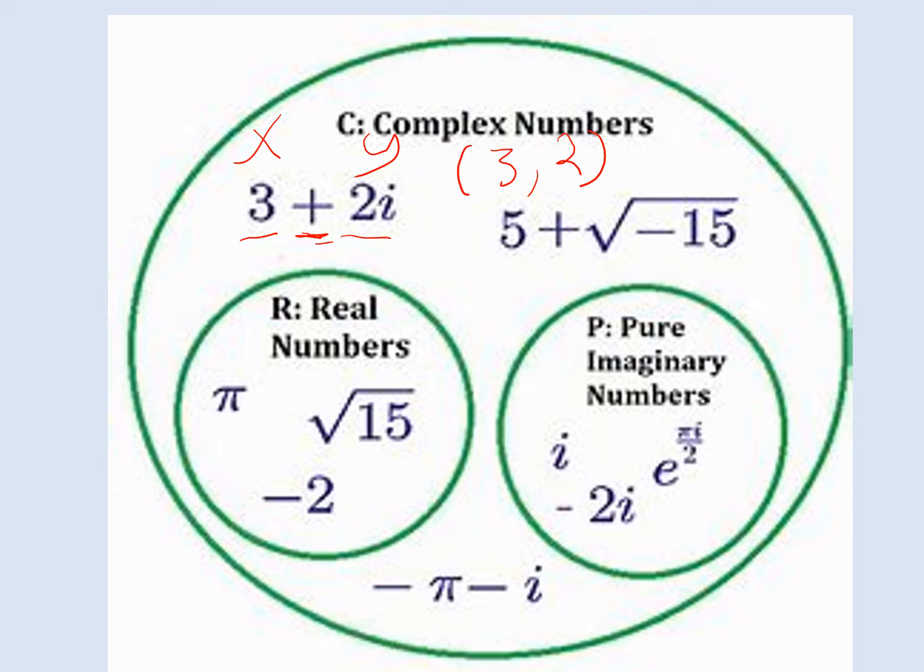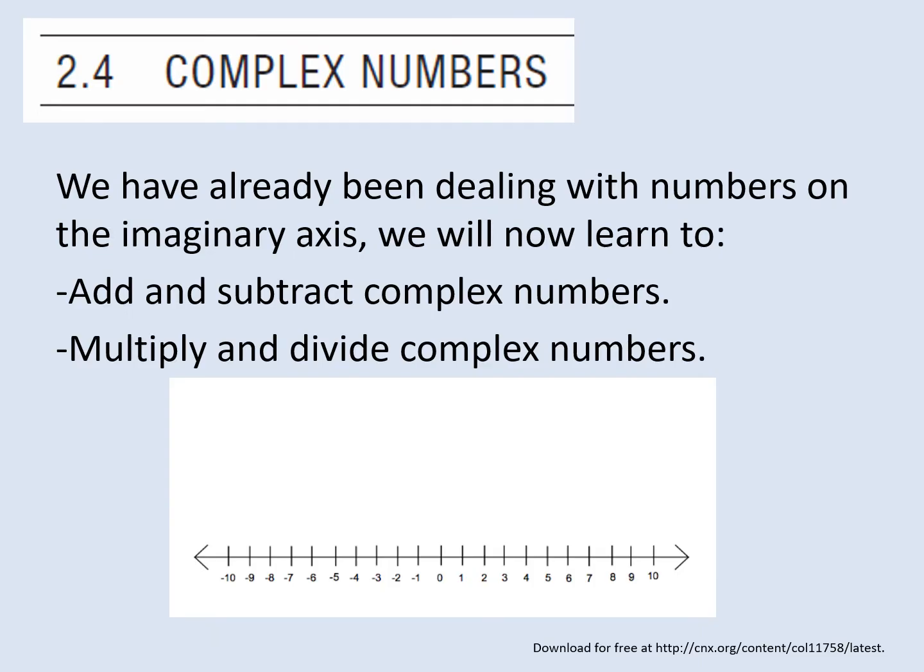But that's for later. So we have already been dealing with numbers on the imaginary axis. If we hadn't, they would just be on the number line. This is the real axis, the x-axis. But as soon as we add in terms of y, we can now graph in 2 dimensions, which is much more interesting and valuable in mathematics.